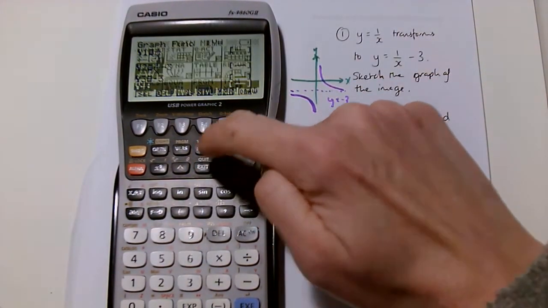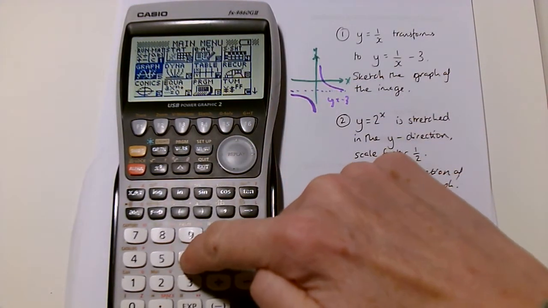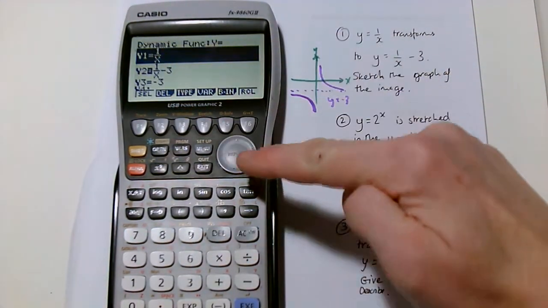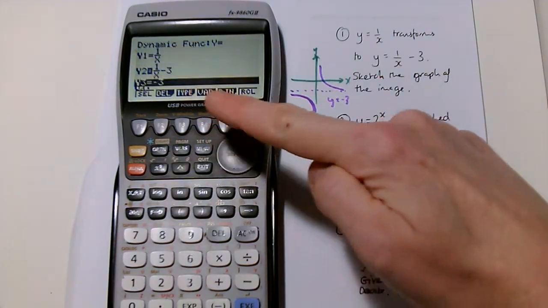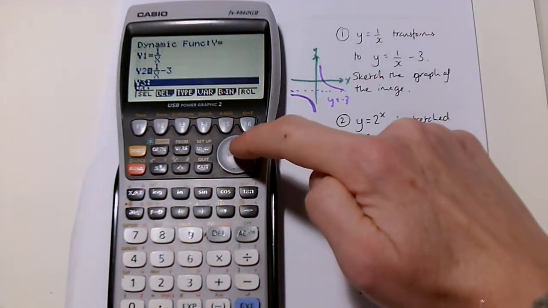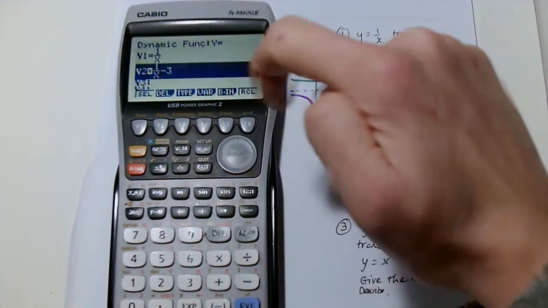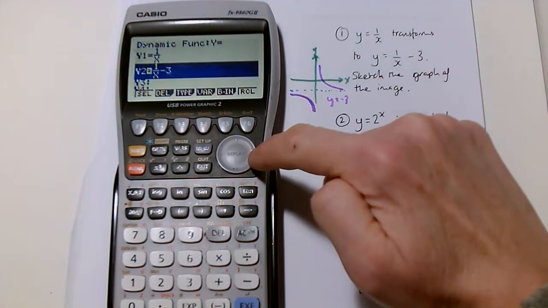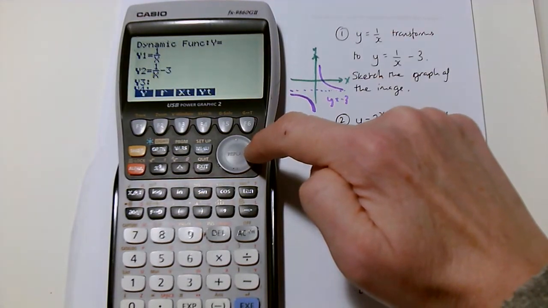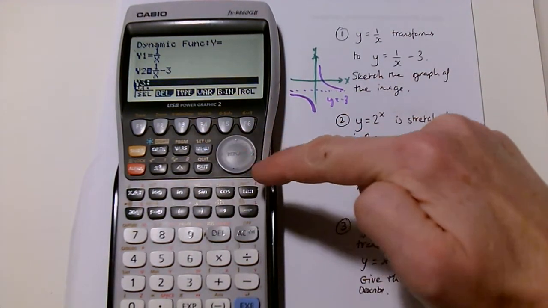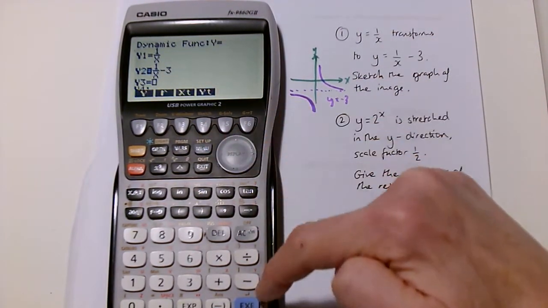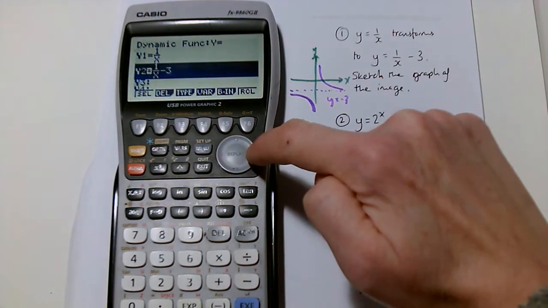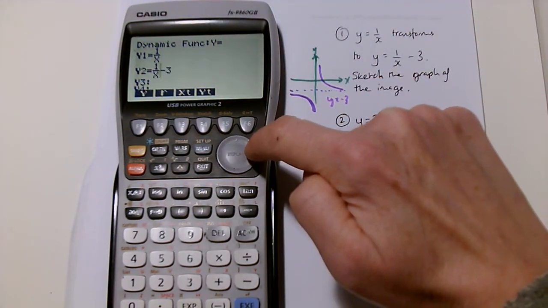If we now have a look at the dynamic menu, okay, it has those equations in there for us. So I'm going to get rid of the -3 at the minute because that doesn't help. So let's say we want to let this one move along to go from 1 over x to 1 over x minus 3. So that's typed in, but I'm going to change the -3 to be minus a letter.